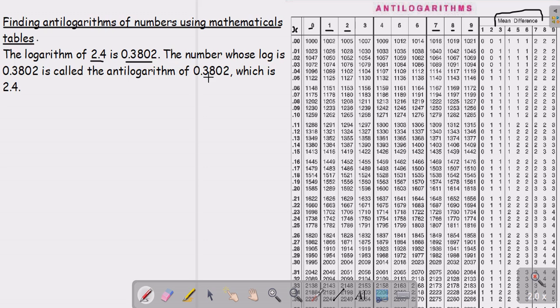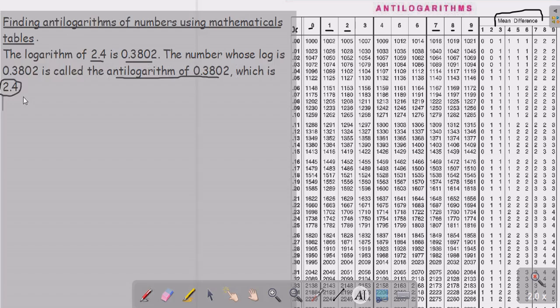When we find the antilogarithm of 0.3802, the answer has to be 2.4. So we are moving back. Antilogarithm is the reverse of logarithm.